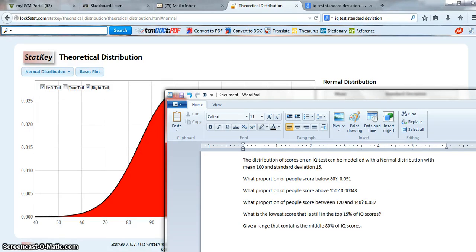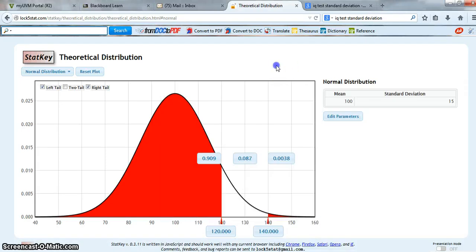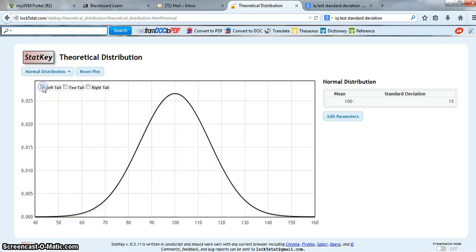Alright, so next, instead of looking for the proportion of people who score in some certain range, we're going to be looking for a percentile. We're looking for what is the lowest score that's still in the top 15% of IQ scores. So let's come in here. I'll click these off for a minute. I'm looking for the top 15% of IQ scores, so that's going to be scores at the high end here. So I want to figure out where to draw my line so that I've got 15% in the upper tail. So I'm going to click on right tail.